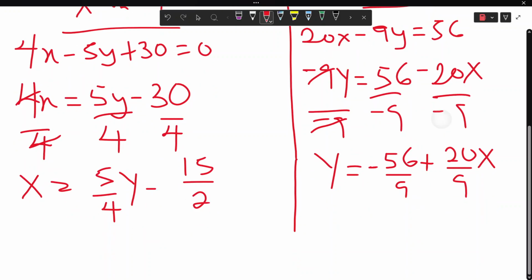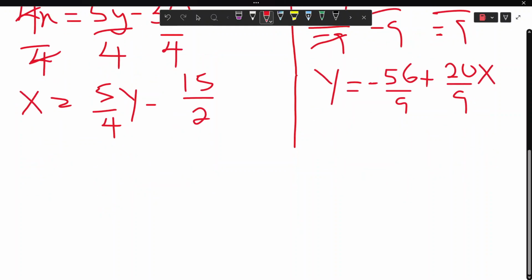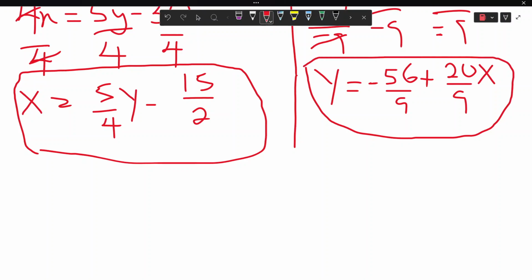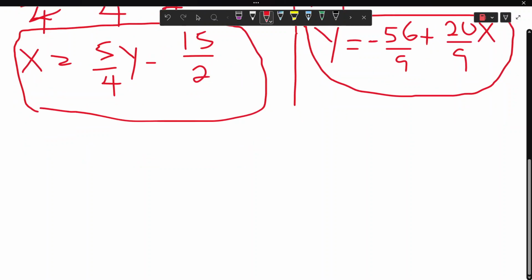Because here is negative, here too is negative, so giving us a positive. When you're done finding the equations, we have this one as the equation x on y, and this equation y on x.